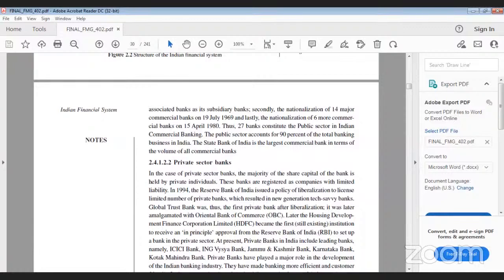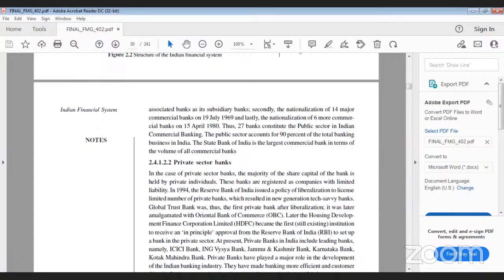In the case of private sector banks, the majority of the share capital of the bank is held by private individuals. These banks are registered as companies with limited liability. In 1994, the Reserve Bank of India issued a policy of liberalization and licensed a limited number of private banks, which included new generation banks like Global Trust Bank, the first private bank after liberalization.